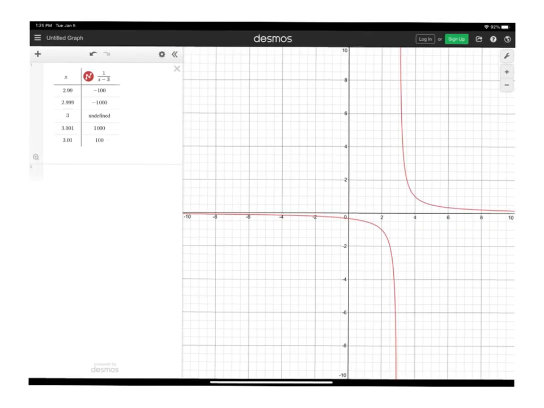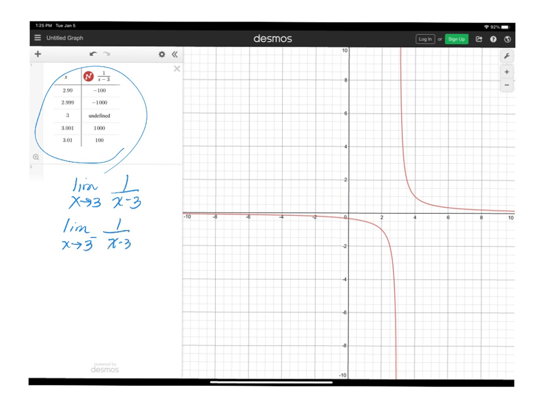For this next problem, we're taking the limit as x approaches 3 of 1 over x minus 3. I've combined a picture of the graph with the table, and you can see those values. This is the first problem that we've dealt with where you're taking the limit from the negative side.